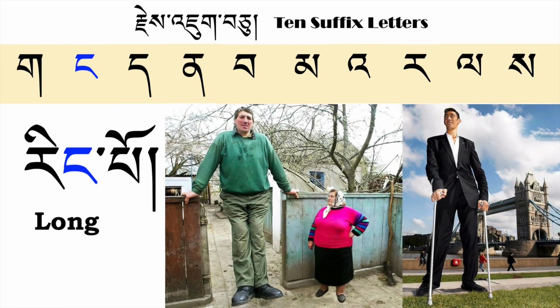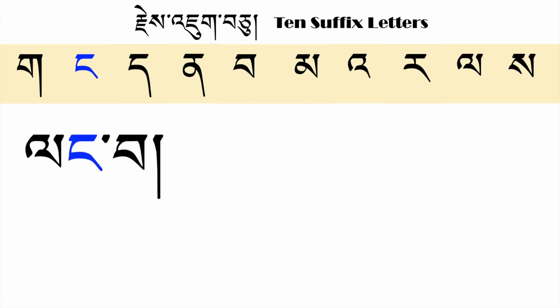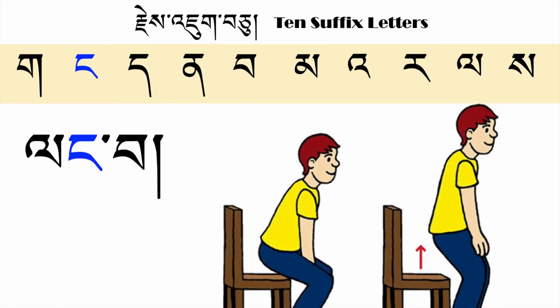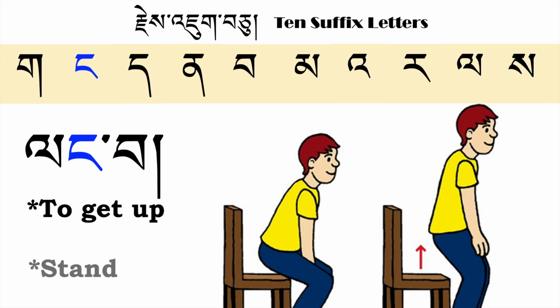Next one, ringpo means long or tall. Here you can see these two people are tall. Tibetan can use the word for both; ringpo is tall or long, though English might use it differently. Next one, langwa means to get up, to stand.